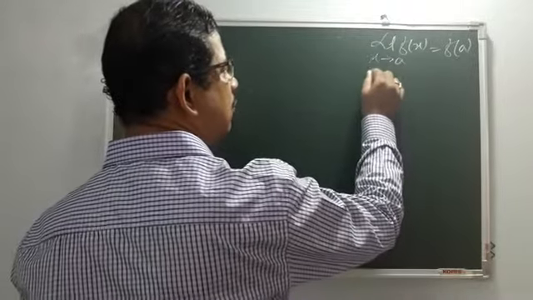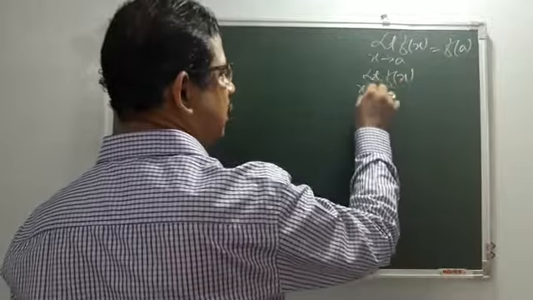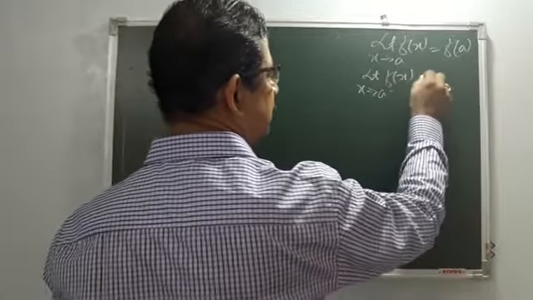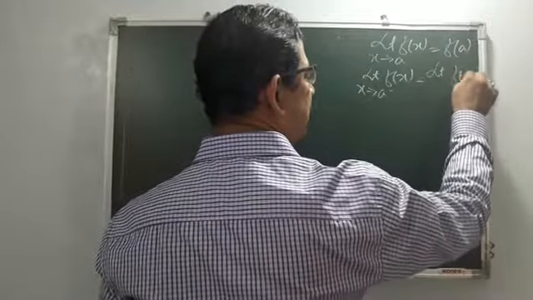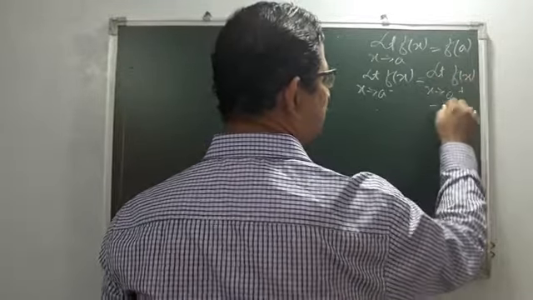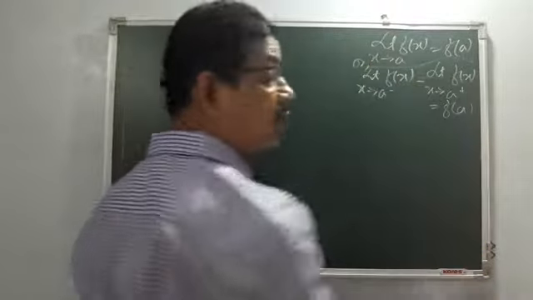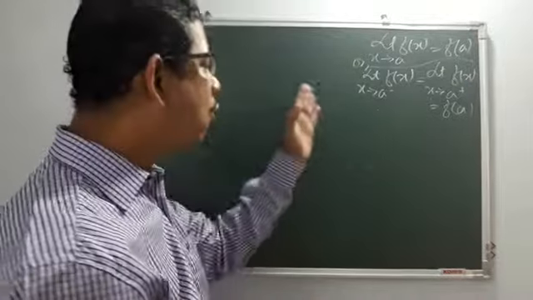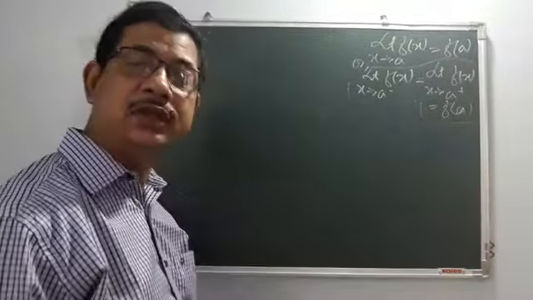This can be elaborately written as the limit of f(x) as x tends to a minus, which is called LHL, is equal to the limit of f(x) as x tends to a plus, which is equal to f(a). Either we can use the first one as the need of the question, or if we find that this is necessary, we will use that one.